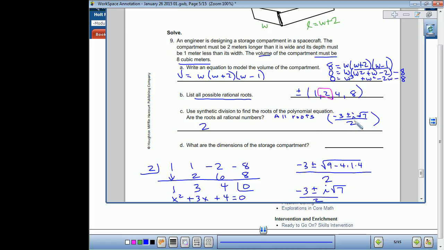But this isn't a real root. So would it be a dimension? No. This was my answer this problem was looking for. Just the 2. How does the irrational affect a shape? What an irrational would end up giving us would be like a decimal.